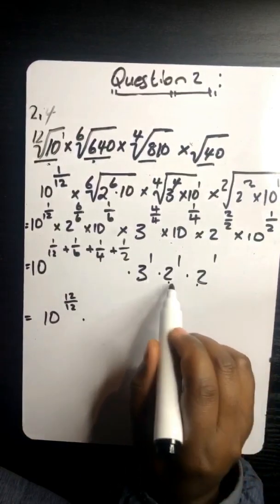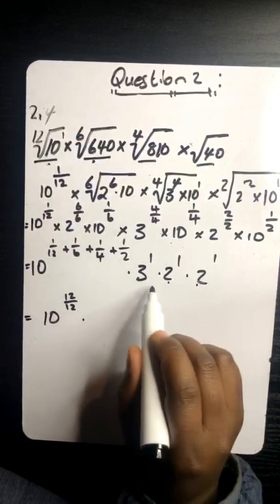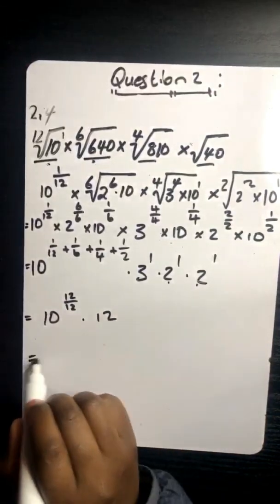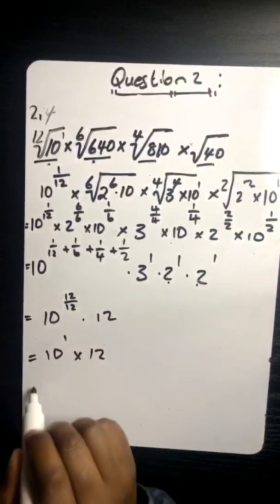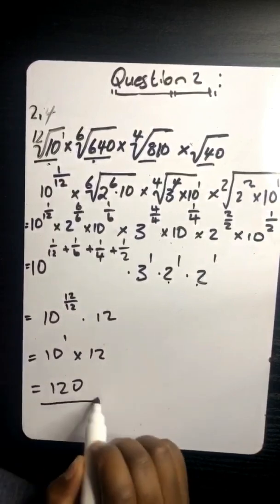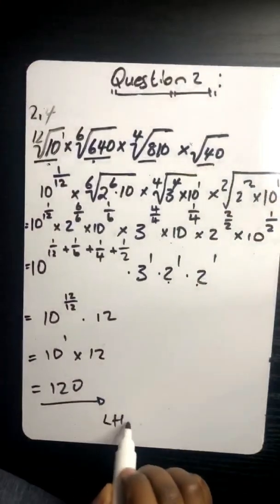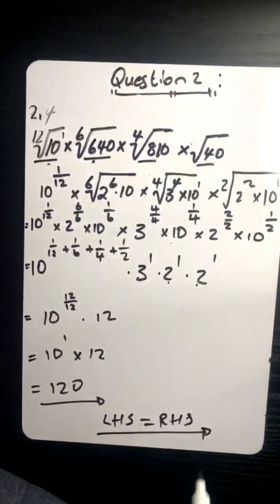Is 4. What is 4 times 3? I think it's 12. So it's more like you have 10 to the exponent 1 multiplying 12. What is this thing? Is it not 120? If it's 120, that's how you show that the left-hand side is equal to the right-hand side.